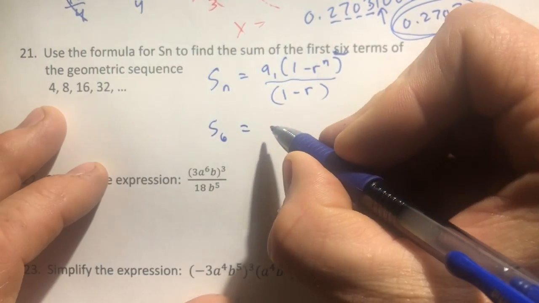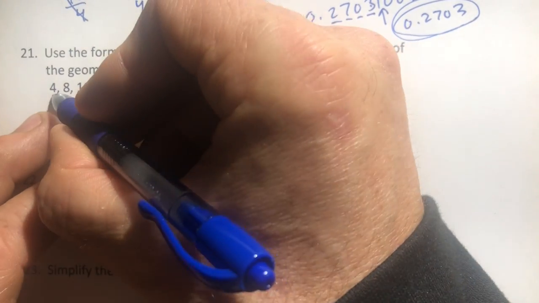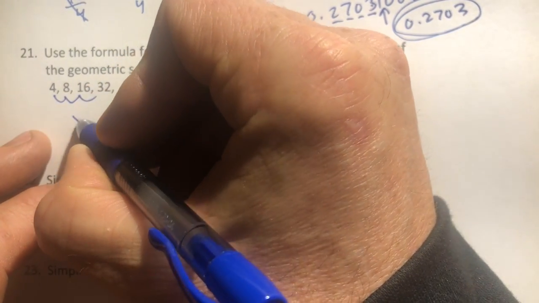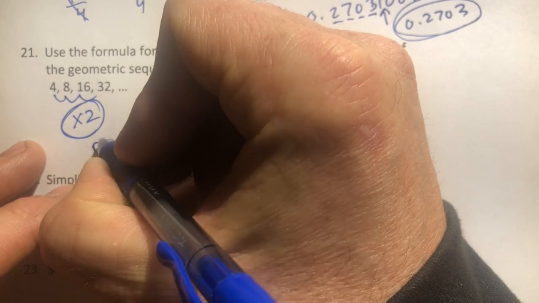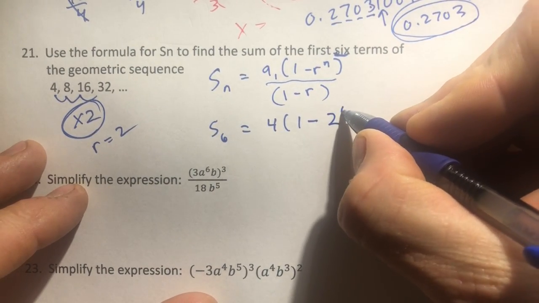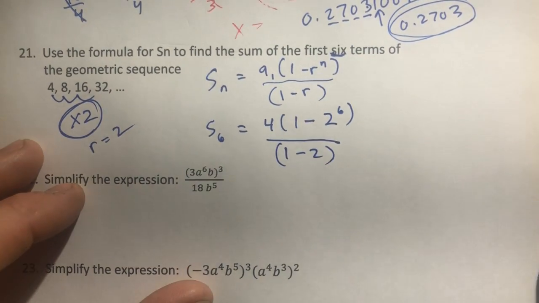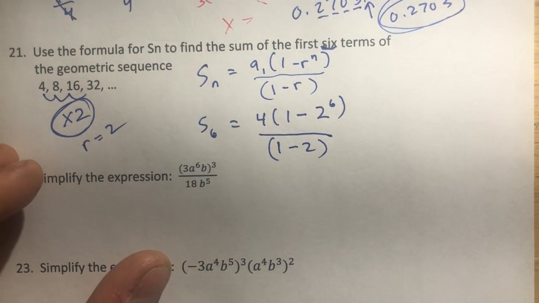The first term is 4. My r, look here, it's going up, multiplying by 2 each time, so r is 2. And I want the 6th term, so that's a 6. Down here I've got 1 minus 2 in parentheses, and there you go. I just typed it in the calculator.